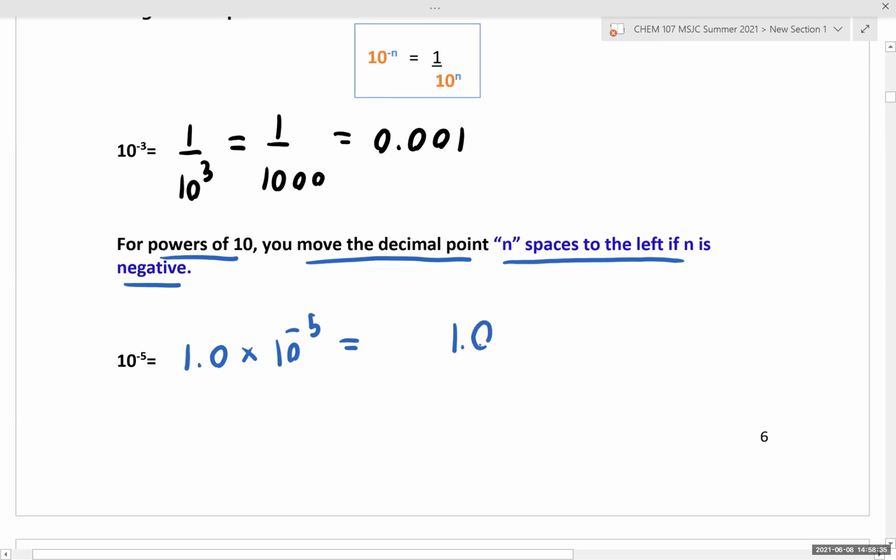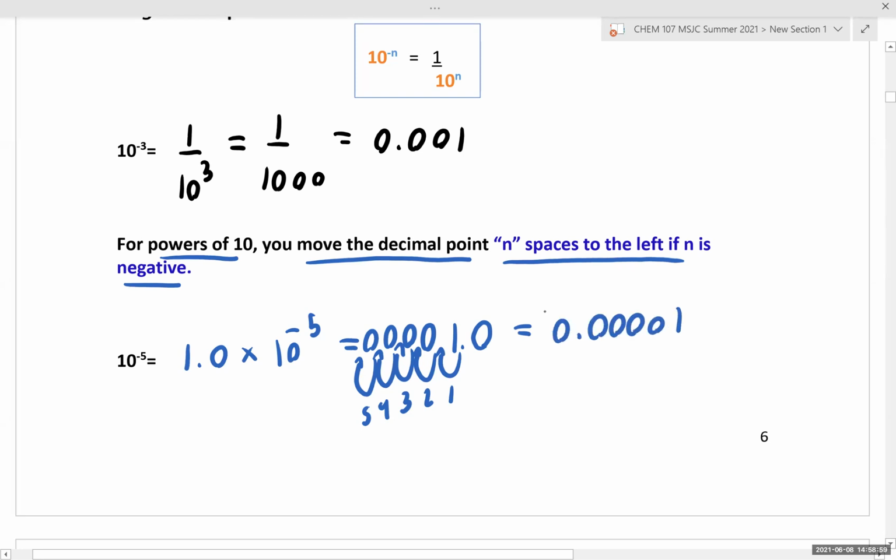And now following our rules, we're going to move our decimal point 5 spaces to the left because we're multiplying by 10 to the negative fifth. 1, 2, placeholder 0, 3, placeholder 0, 4, placeholder 0, 5, placeholder 0. That gives us 0.00001.